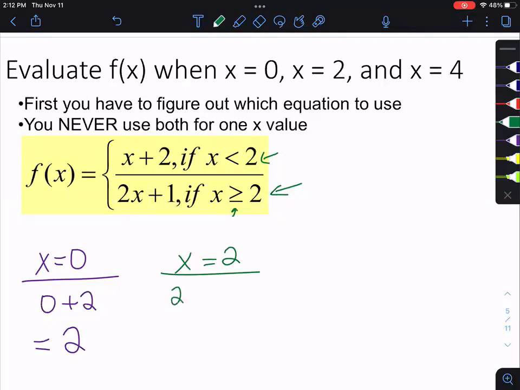So we're going to take 2 times 2 plus 1 and then simplify. 2 times 2 is 4, plus 1 is 5.